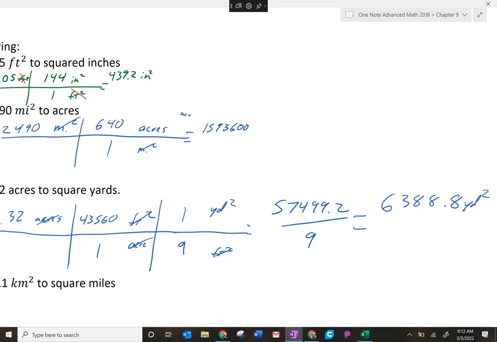So 1 acre is 43,560 square feet. That was my very first conversion. And then we also had to convert from square feet to square yards, and 1 square yard is 9 square feet. So that's where all these ones came from. As soon as we put together that train track or chart, we multiply straight across the top and straight across the bottom. That's where these two numbers came from. And then we took this number divided by the bottom number to get our very final answer of 6388.8. Okay?